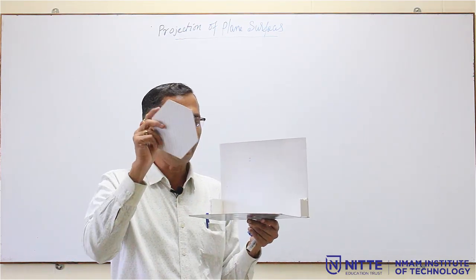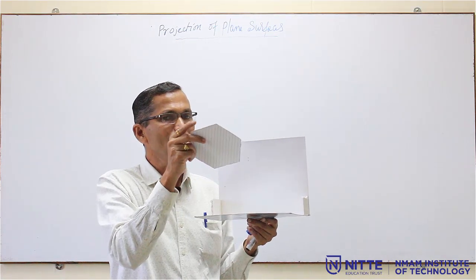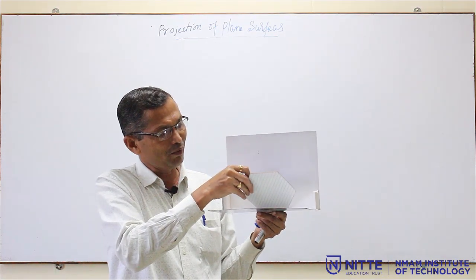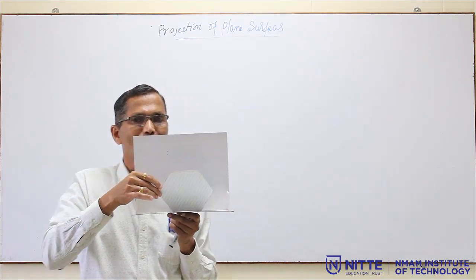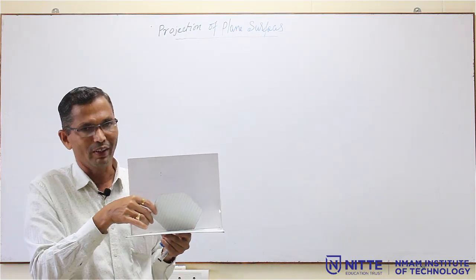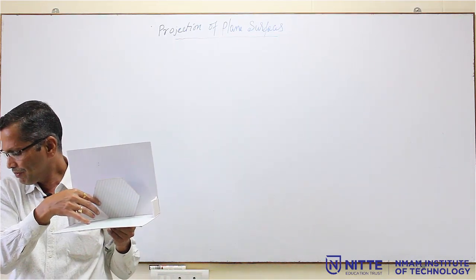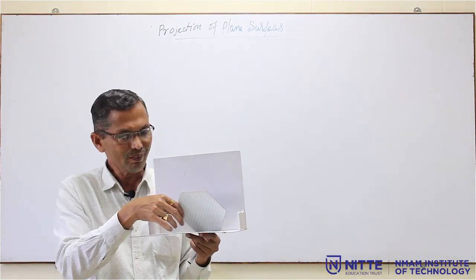Case is one of the edge has to touch both VP and HP. How? Like this. It has to be on the XY line. We have to keep it on the XY line. This is the position where it will touch both the reference plane. Then what is the angle they are given? Angle is not given.